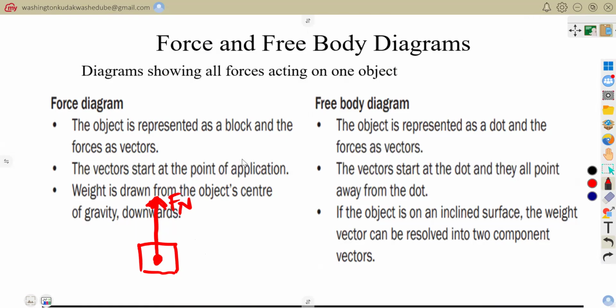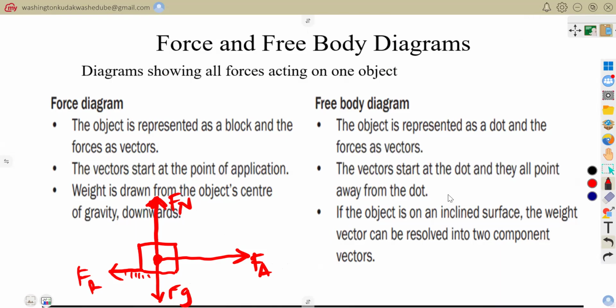If you have an applied force, you would also have it in that direction. If you have the gravitational force, you would have it going in that direction. And because the frictional force acts due to the roughness of the surface, you would have your frictional force there.